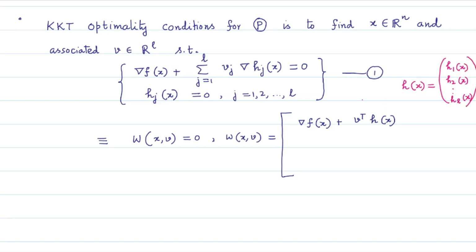With this h, we notice that the left hand side of this system 1 is this expression. Rest of the components of W are given by all these equations. They can be written in a compact manner by simply h(x). So the system 1 is equivalently just this system W(x, v) is equal to 0, where W has this expression.